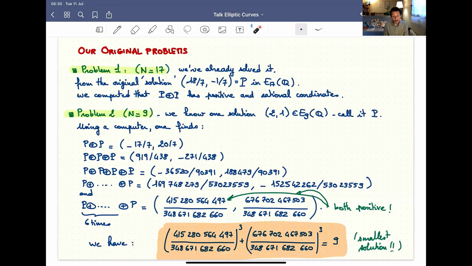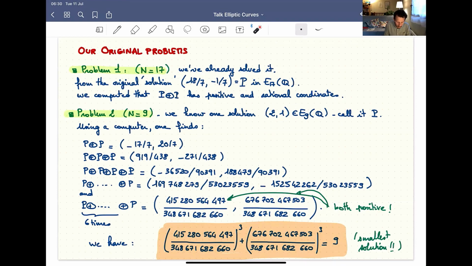Anyway, I should also say something: if you look at those two coordinates here in terms of arithmetic, as rational numbers, they are very complicated because the numerators and the denominators all have about 12 digits. So they are hard to find.